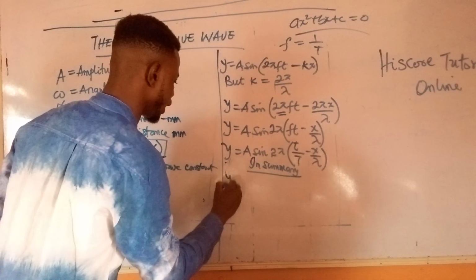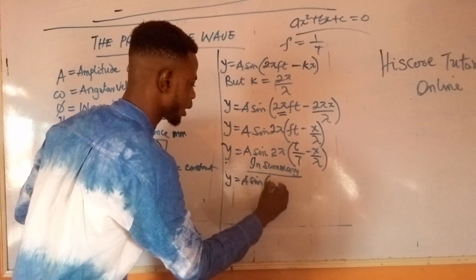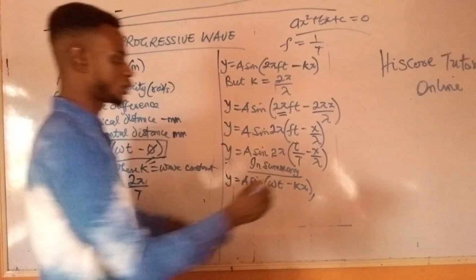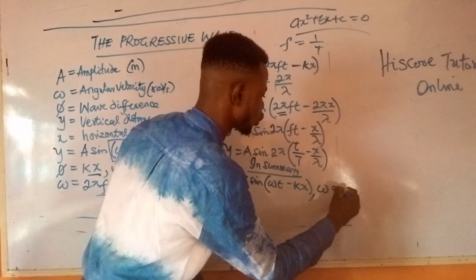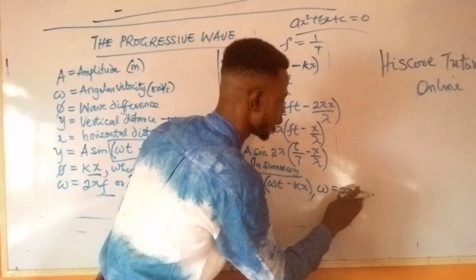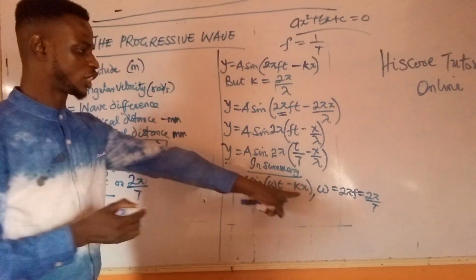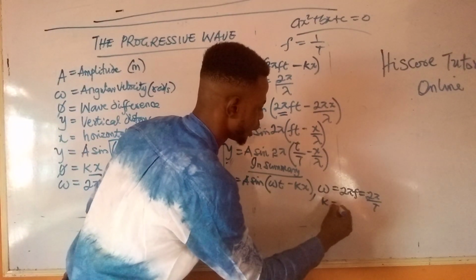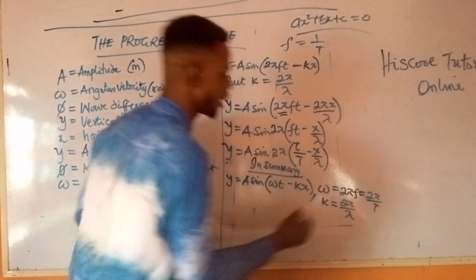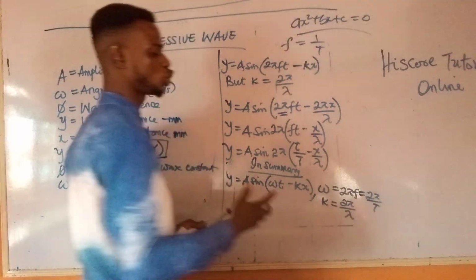Try and know that y is equal to A sine into bracket omega t minus kx. You should be able to know that omega is equal to 2 pi f, or equal to 2 pi over T. Then try and know what your k is. k is equal to 2 pi over lambda. So if you know this, you are good to go.